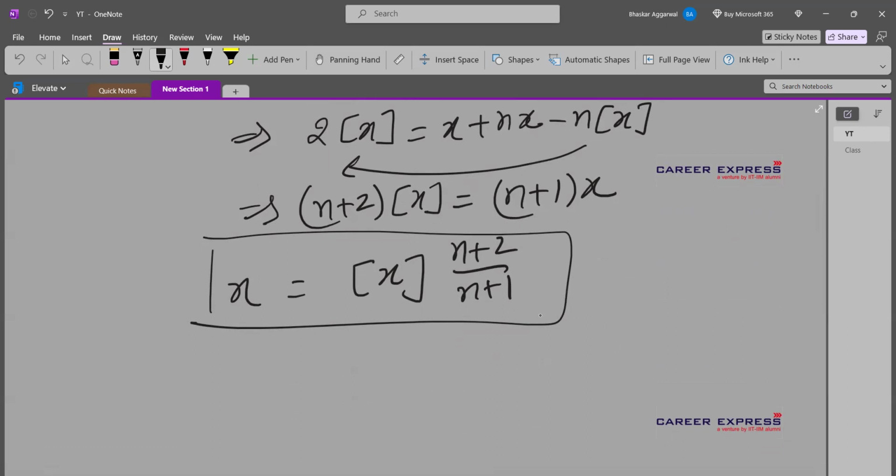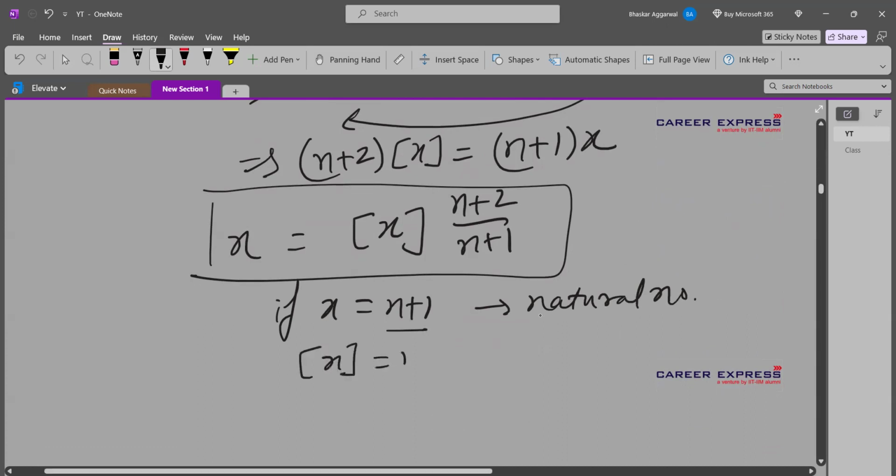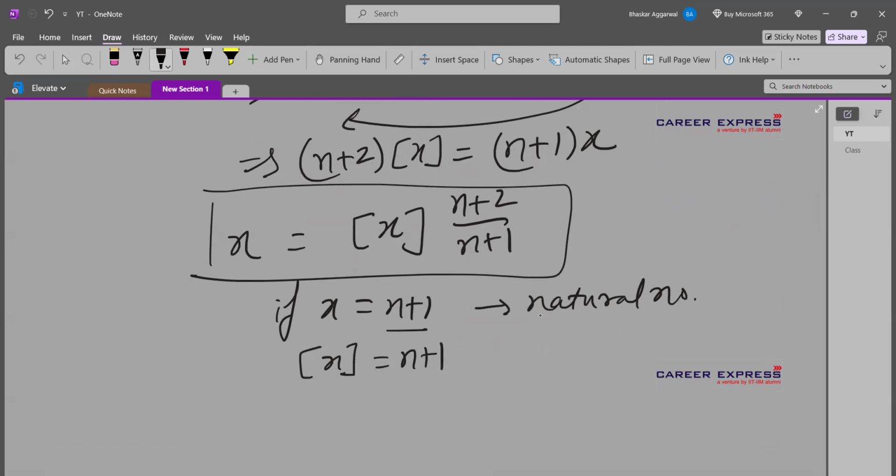Fine. So let us check for the largest value of x. If I replace x with n plus 1, where n is a natural number, so n plus 1 is also a natural number. So if x is n plus 1, then box x will also be n plus 1, because n plus 1 is an integer.